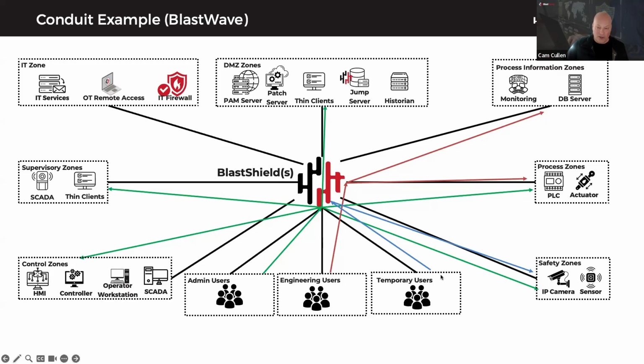So temporary users are typically one of the biggest challenges for zones and conduits, because they need to access very specific things, but they could wreak havoc if someone steals their credentials, or they get fired, or the contract gets lost and you forget to revoke their privileges. You could even, for these temporary users, say you can only access the system during these hours of the day and restrict them even further.